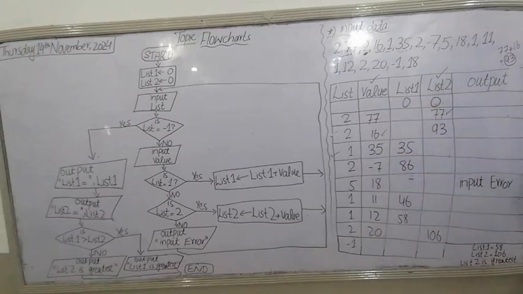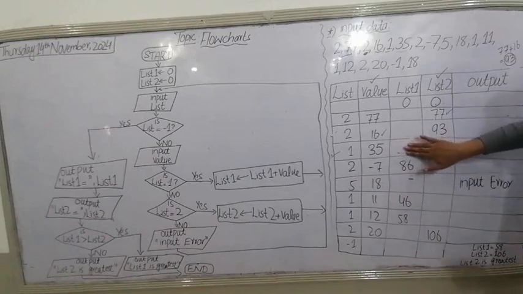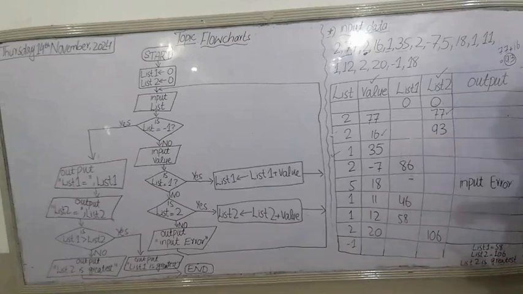So what will happen? This time we will add the digit stored in the list 1 variable and in the value variable. So do we have some value stored in the variable called list 1? No, it's completely empty. If I erase this one, because I have done this already for you.